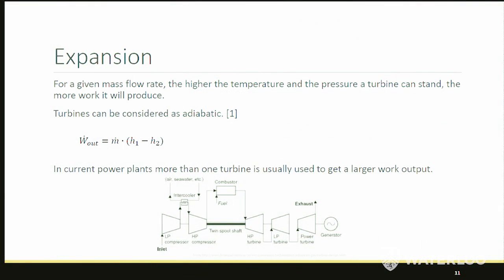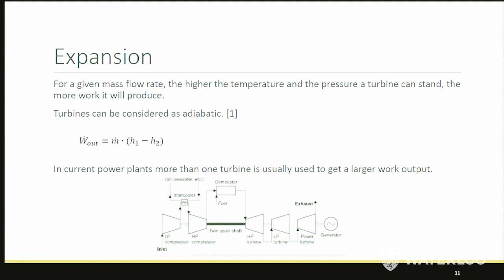Okay, the expansion. Expansion happens in the turbine. Basically, if you give a turbine a specific amount of mass flow rate and energy contained in that mass, which is called enthalpy, then for a fixed turbine, a bigger mass flow rate and a bigger input enthalpy will give you more work output. Of course, there's a limit.